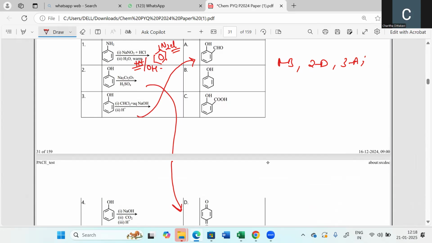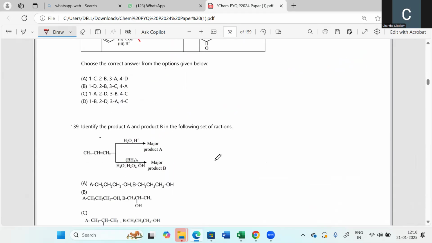And then phenol with NaOH and CO2 gives salicylic acid, and you would get salicylic aldehyde. So the answer is 4 with C. 1B, 2D, 3A, 4C. You can go with that.